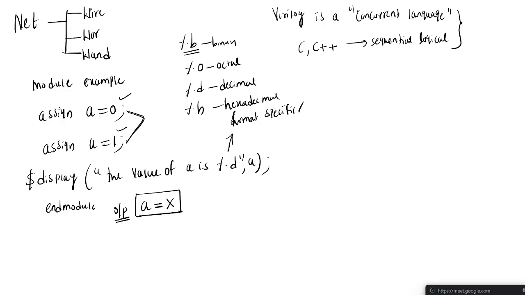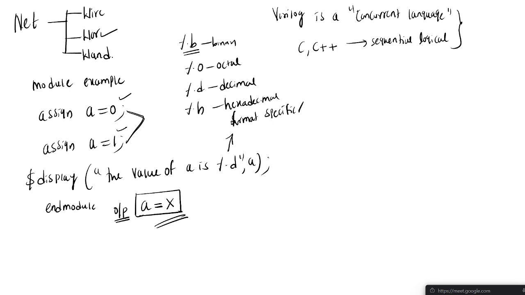The compiler can't predict whether the value of a is 0 or 1, since both execute parallelly. One time a is assigned 0, and afterwards a is assigned 1. Both will be executed parallelly, so you get the output X. Invalid case.